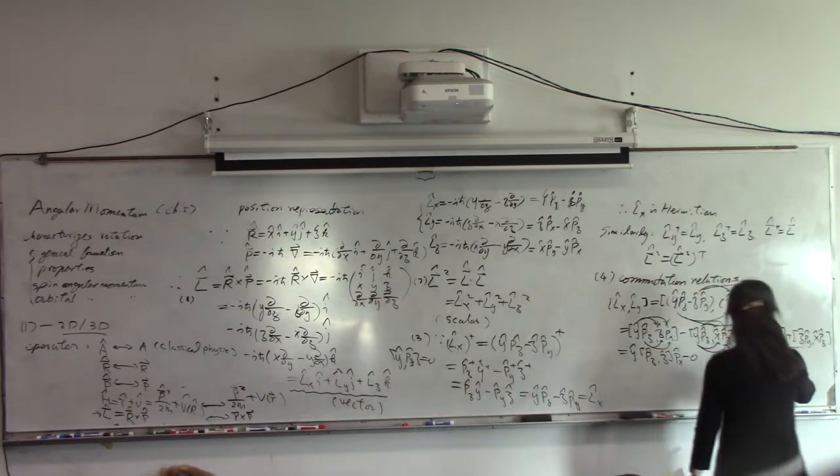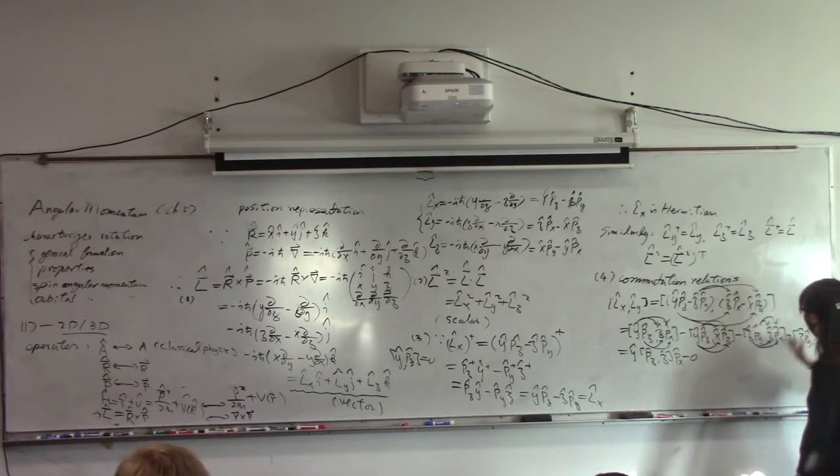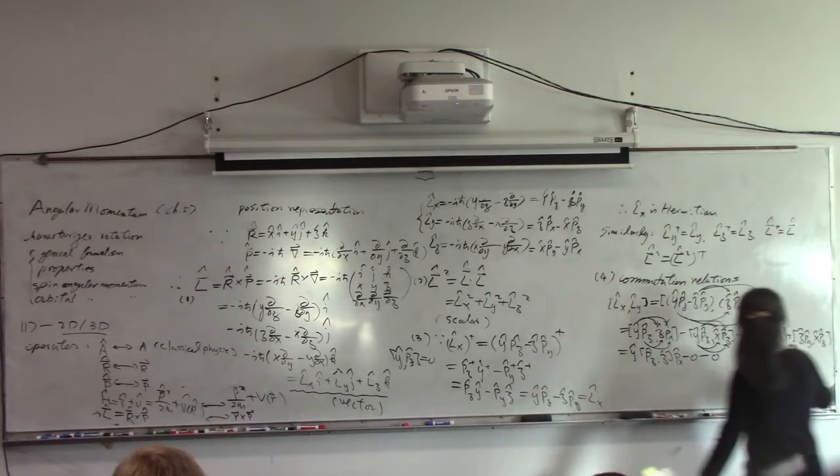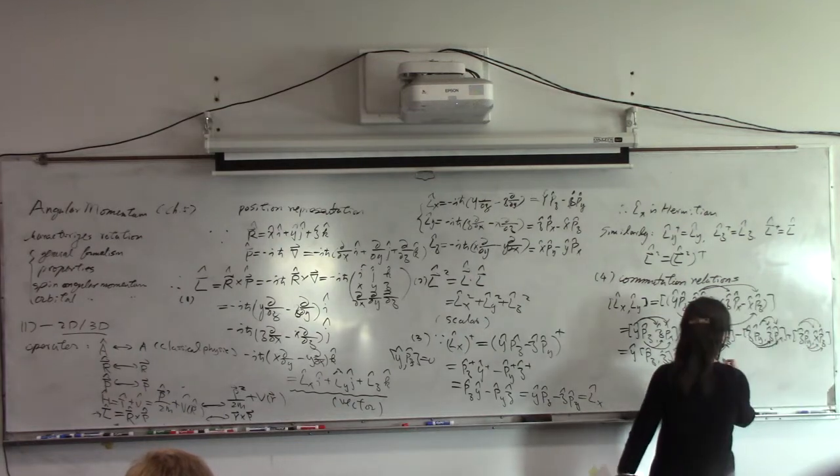And this one is also 0: pz commutes with pz, pz commutes with px, py commutes with pz, and py commutes with px. The last one here, z commutes with x, and z does not commute with pz, but keep this. py commutes with px, py commutes with pz. So the last one is plus.